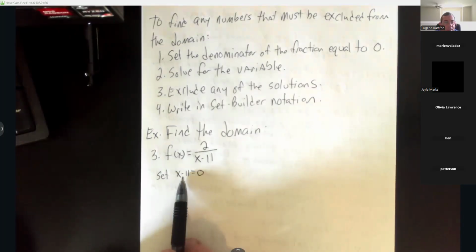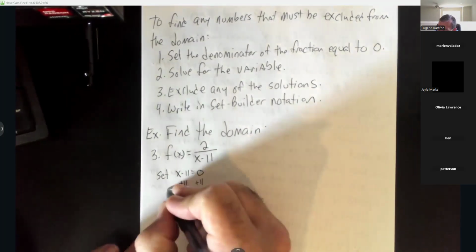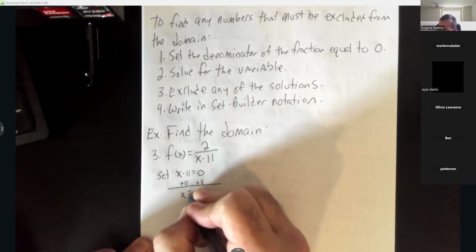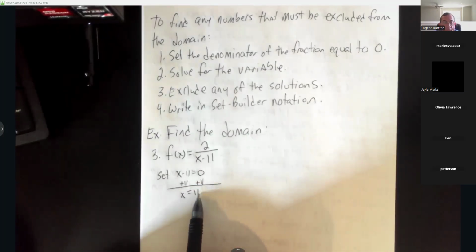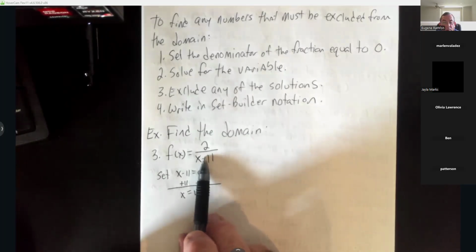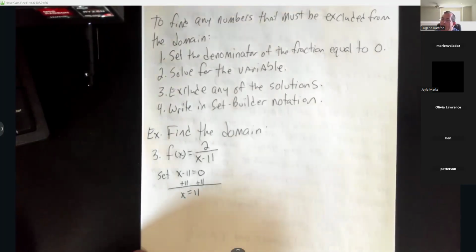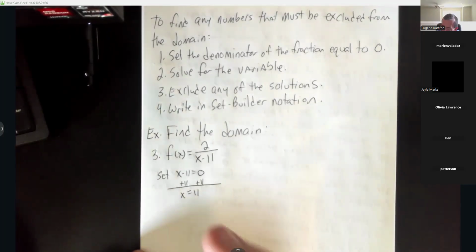All right, y'all, so let's solve this. Move 11 over by adding. So I get x equals 11. So that means if I put 11 in here, 11 minus 11 is 0, which makes that undefined. And that is not a real number output, okay?